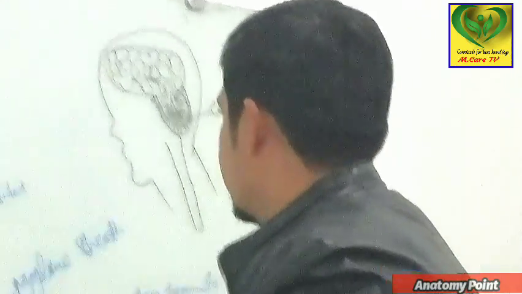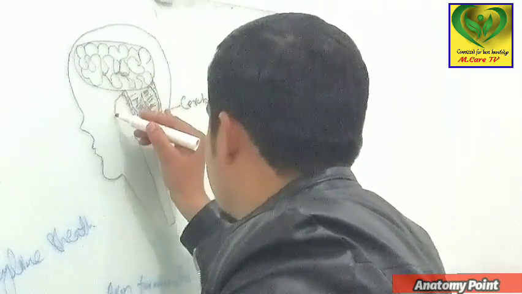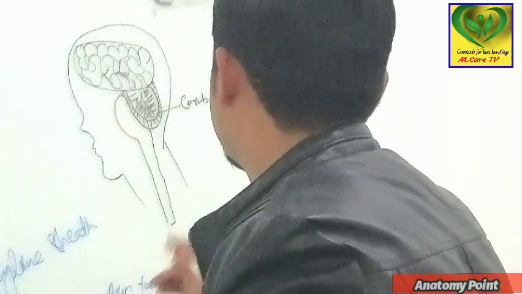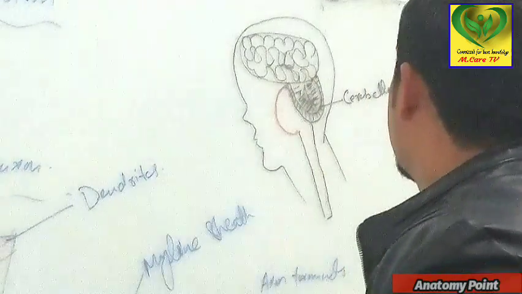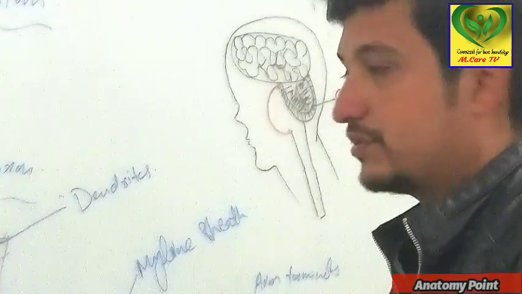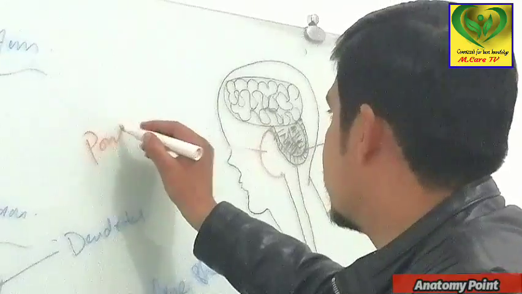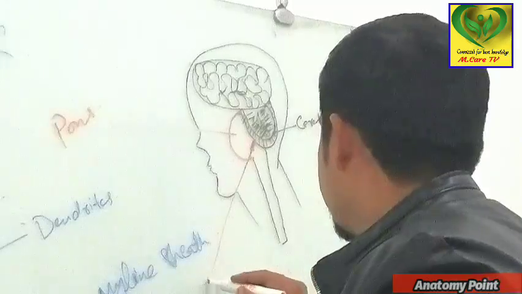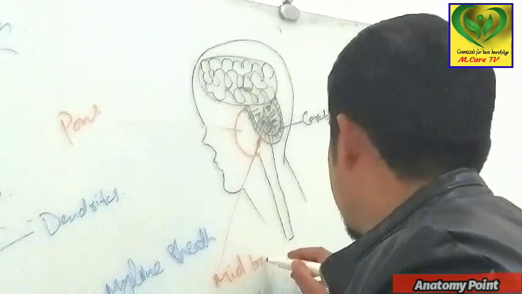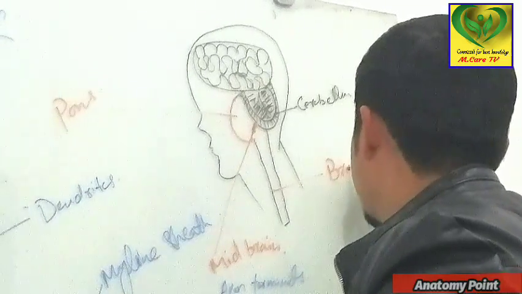Let me draw with another marker. This structure represents the bones. Here is the midbrain, and this one is called the brainstem.